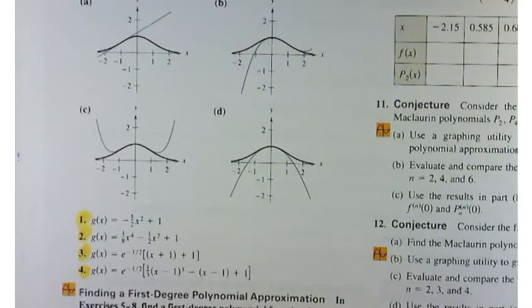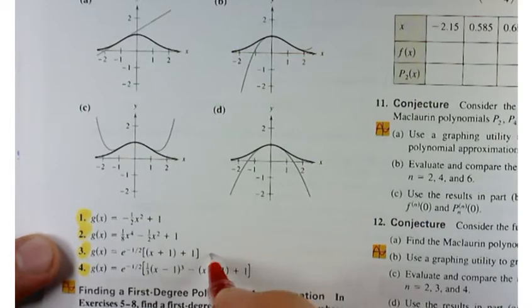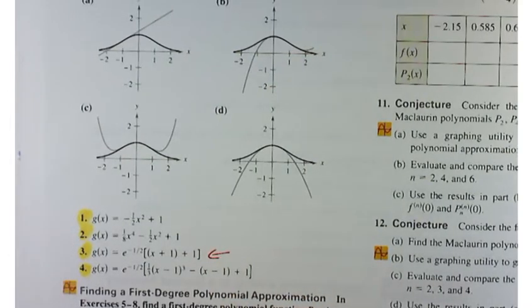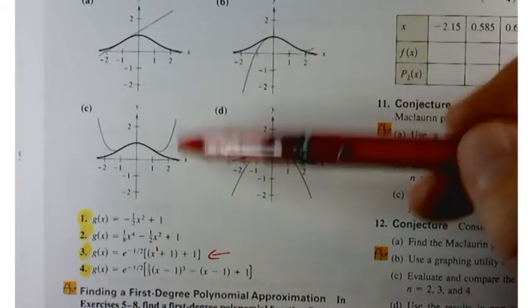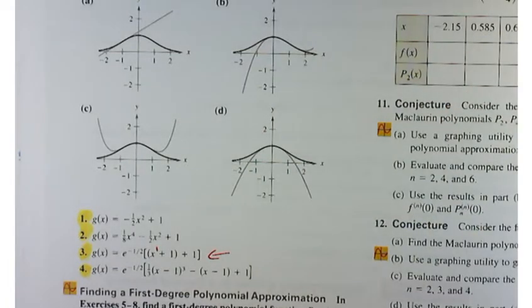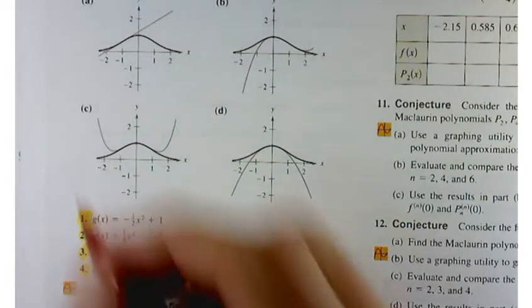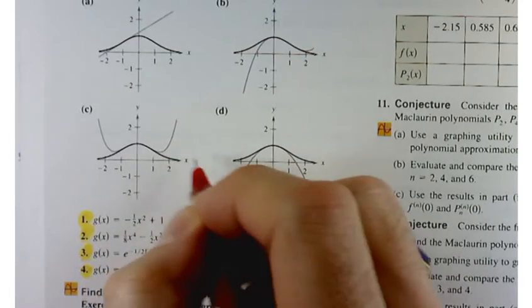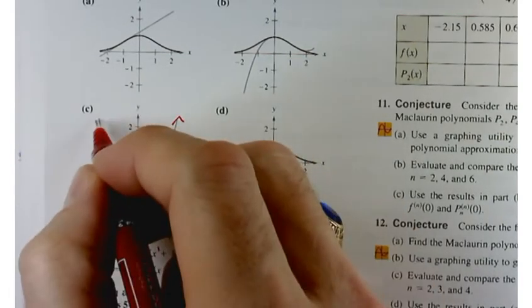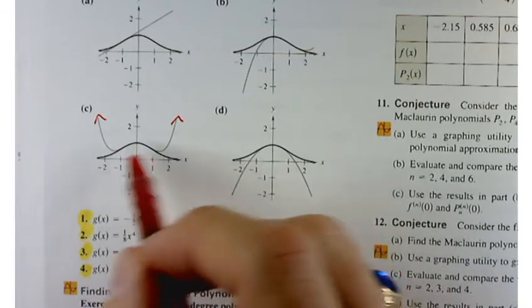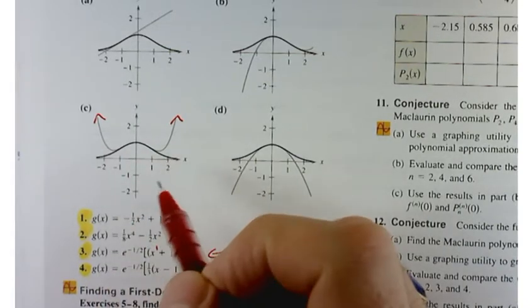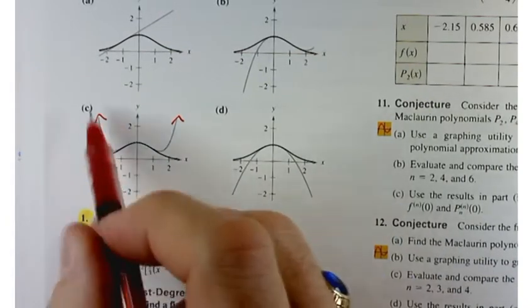Really? So only one of them is to the first degree, and that would have to be the third one, because that's the only one of these that has x to just the first power. Let's look below that, down here with number C. Now, one thing that you can notice about number C, here's your function. In gray is the approximation. The approximation's pretty good for a while, but eventually it takes off.